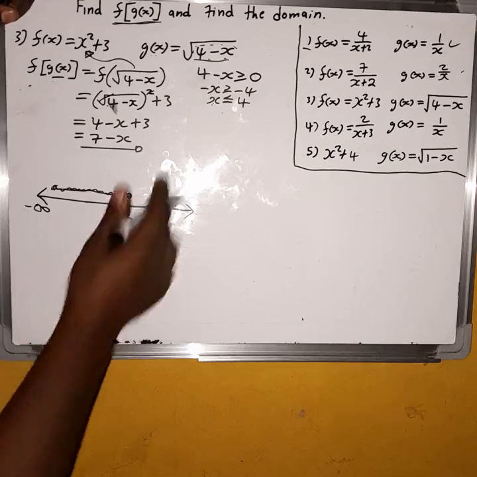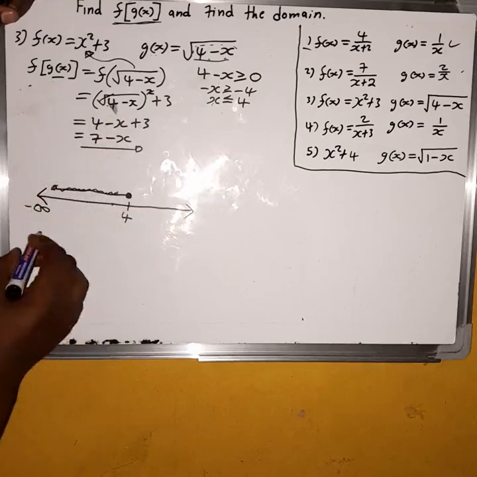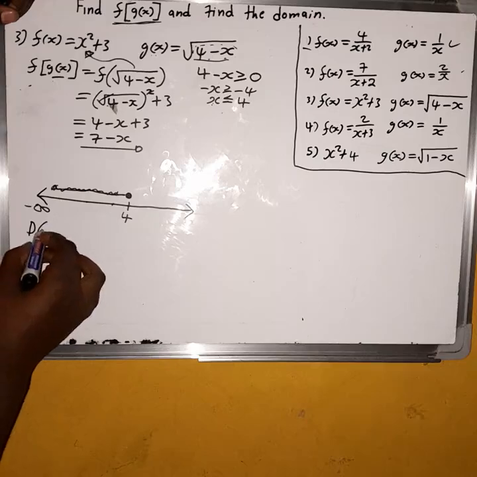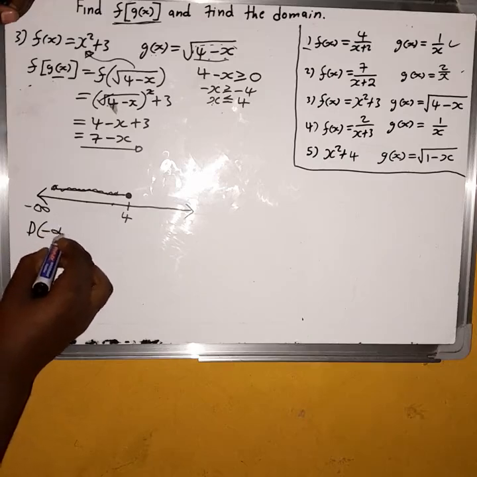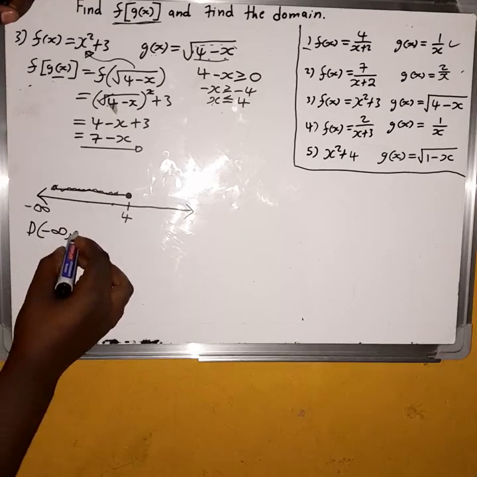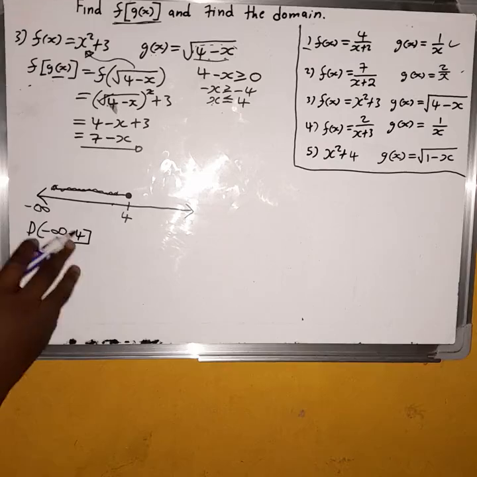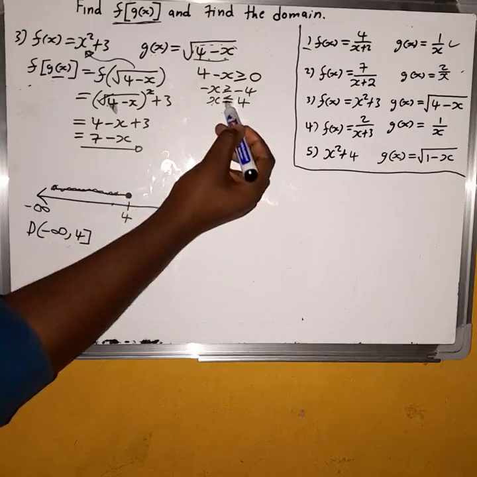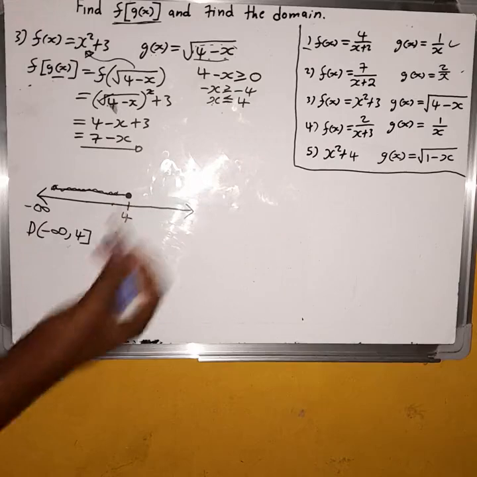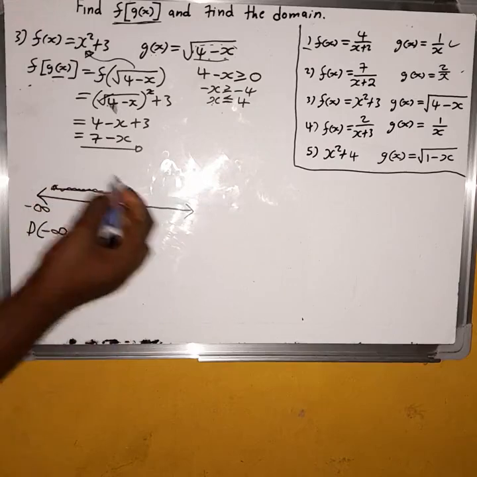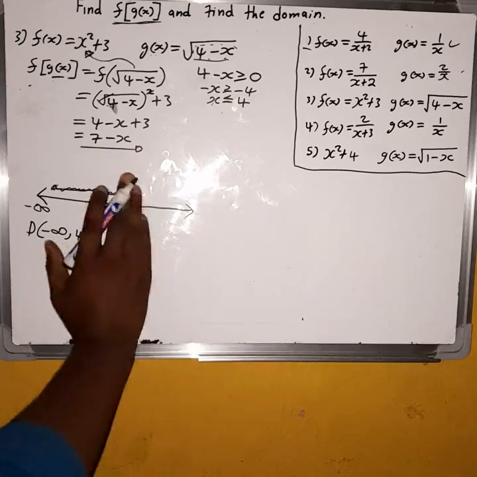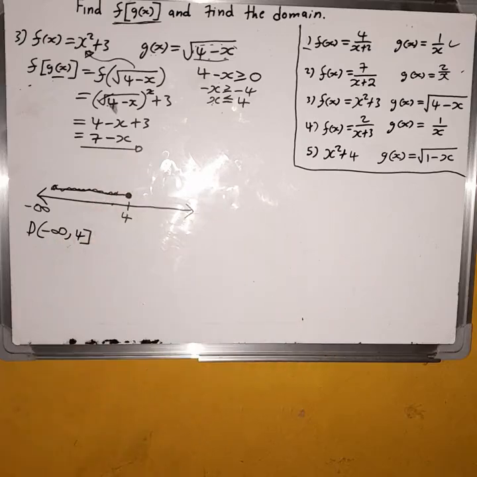That means our domain can be from negative infinity up to 4, but now we use a closed bracket because 4 is included, x equal to 4 is included here, but x cannot be anything on that side.